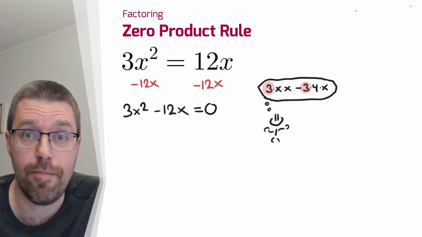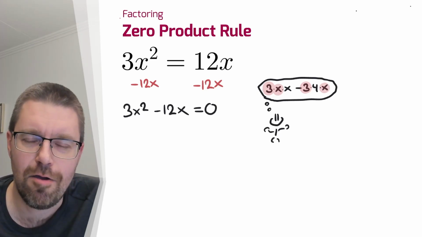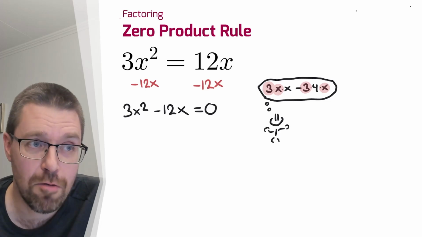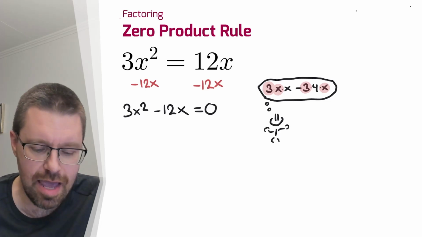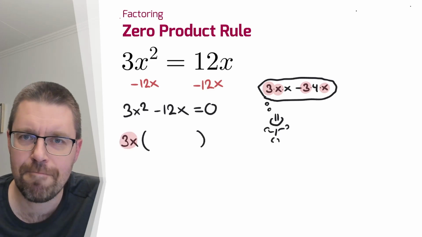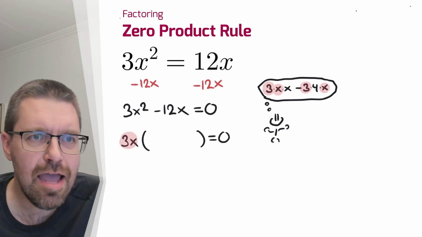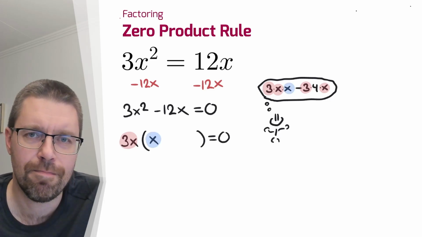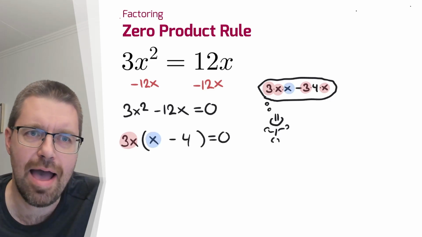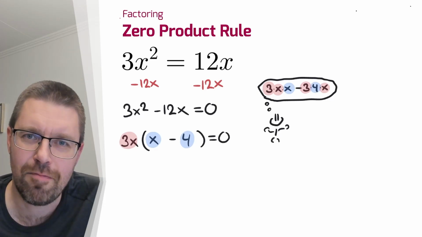So we find a number 3 in both terms, and we find an x in both terms. So we can place 3x in front of a parenthesis like this, and what's left in the parenthesis is x from the first term, and then minus 4 from the other term.